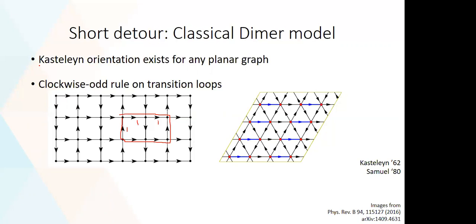I'll say it like this: the Kasteleyn orientation, what Kasteleyn shows, needs to obey this clockwise odd rule. And people have shown that for the square and also the triangular lattice, such an orientation necessarily breaks the translation invariance to somewhat larger cell sizes.